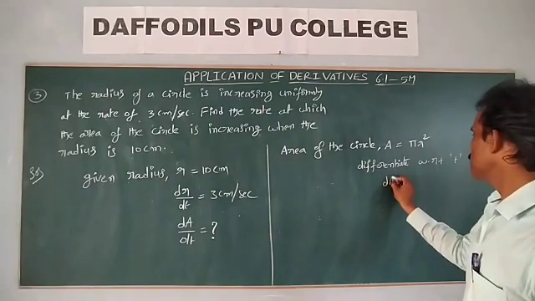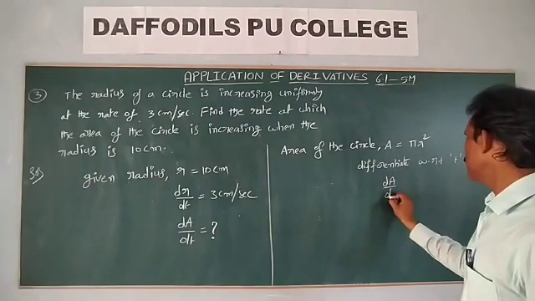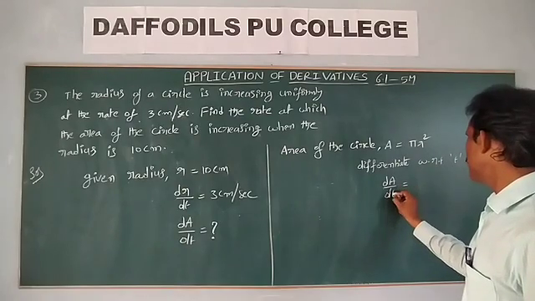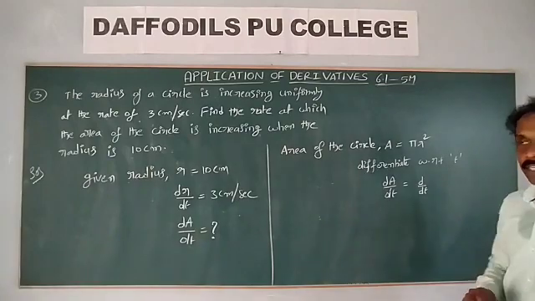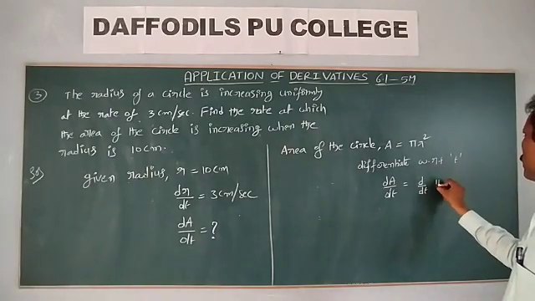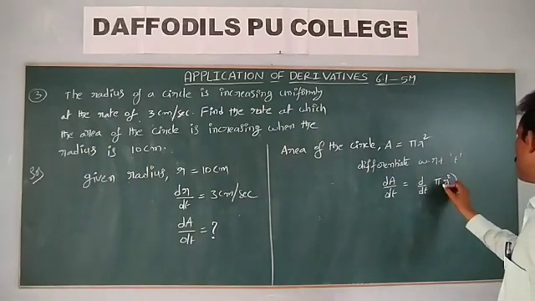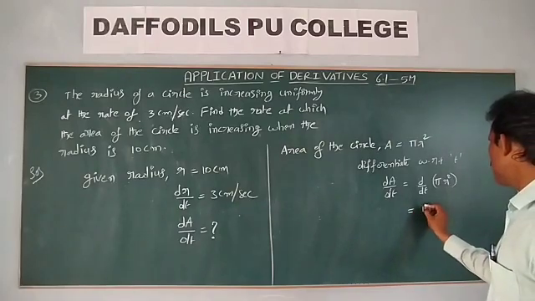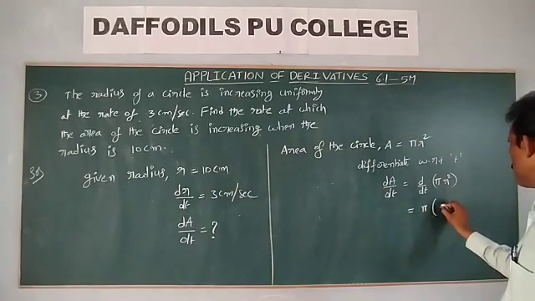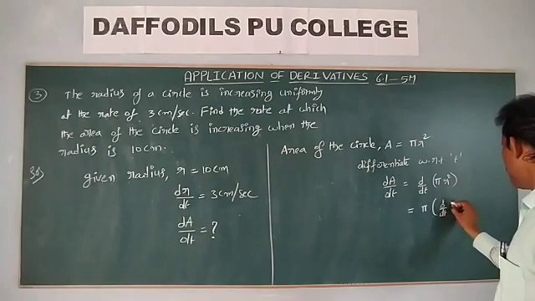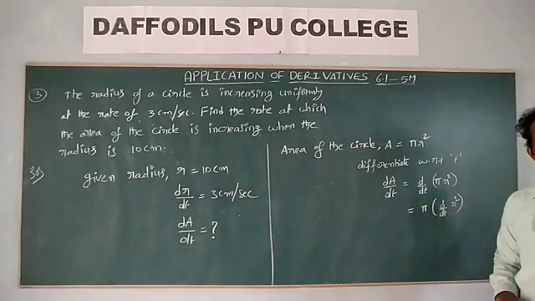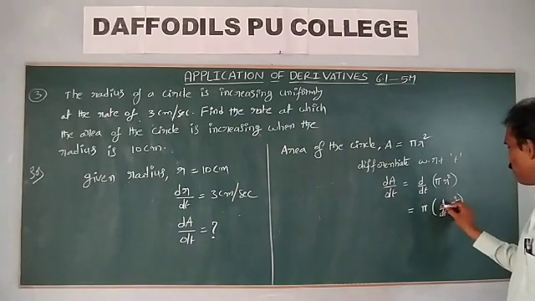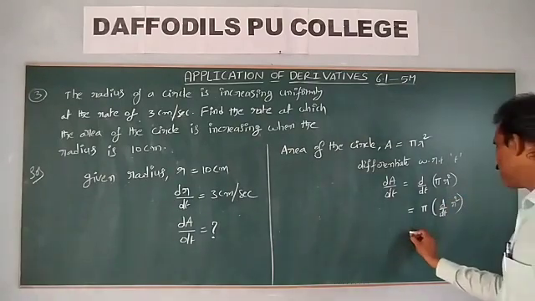That implies dA by dt is equal to d by dt of pi r square. Pi is a constant, therefore d by dt of r square. Here r is the variable, that's why we can apply this derivative.